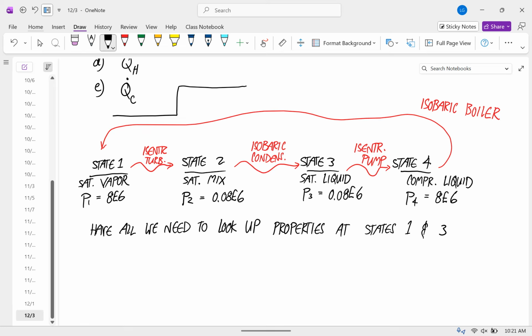And then one thing we're going to do pretty often is look up the specific entropy at state 1. Then that's the specific entropy at state 2, which isn't really something we want, except that we can use that to calculate the quality.